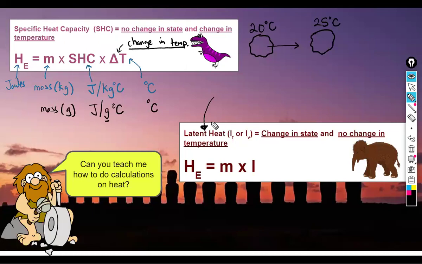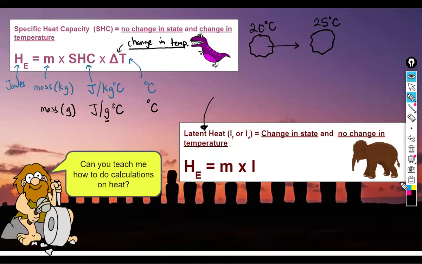What latent heat does, instead of raising or changing the temperature of something, it changes the state. Like in this one, the solid will change to what? A liquid, or the liquid may start off as a liquid and then end up as a gas. There will be a change in state, but no change in temperature.